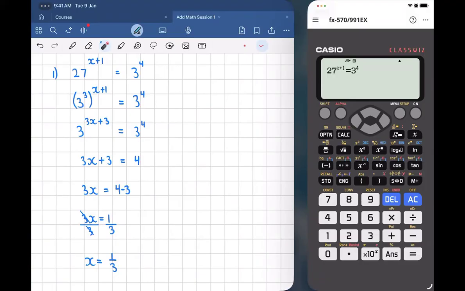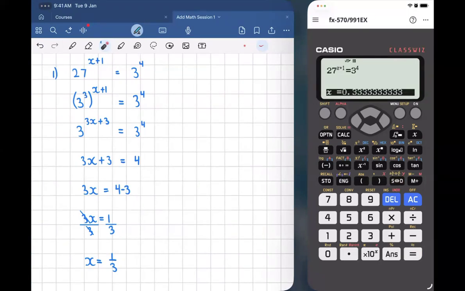Does anybody have this so far? Yes, sir. Now you're not going to press the equal button. You have to press shift calc to solve it. You're going to see x is equal to -4. Don't worry about that. Just press equal, and you should see x is equal to 0.33333.